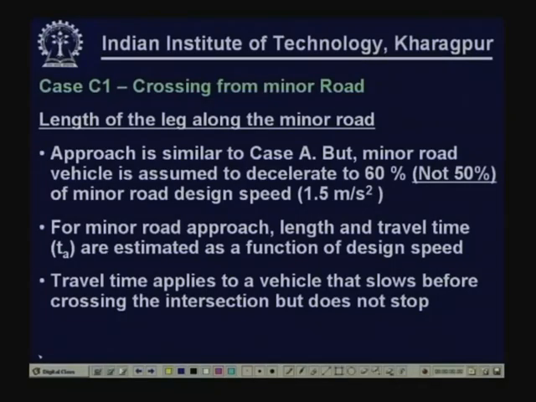Here in this case, minor road vehicles are assumed to decelerate to 60% of minor road design speed. For case A, or no control, it was assumed that vehicles would decelerate to 50% of minor road design speed.